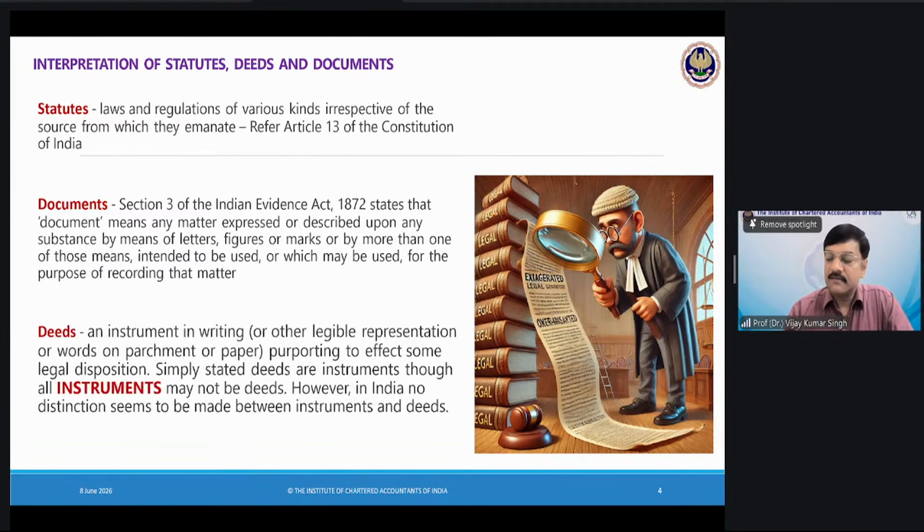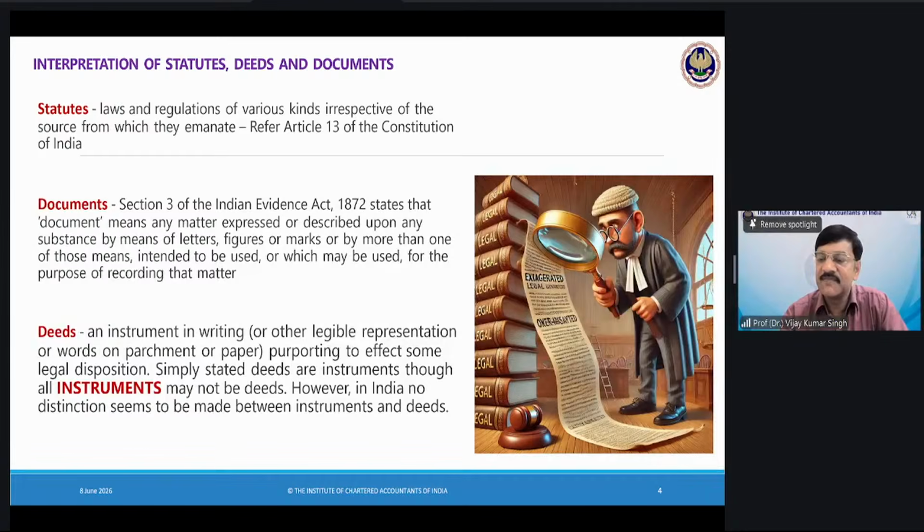Then there are terms called deeds. Deeds are an instrument in writing or other legible representation of words on a parchment or paper. Generally, deeds are drawn on paper. Deeds cannot be drawn on a vessel or a glass.